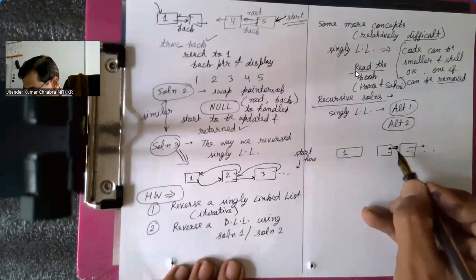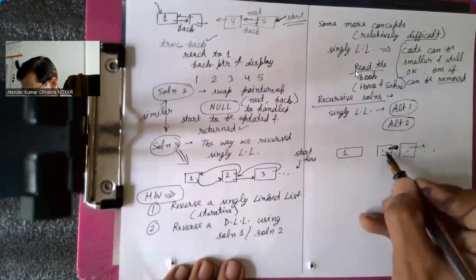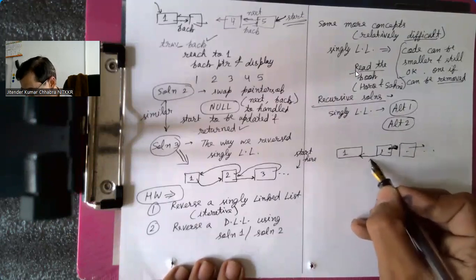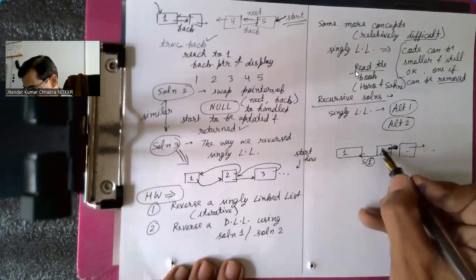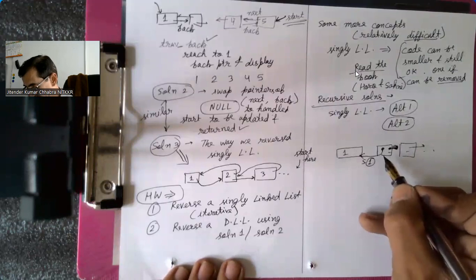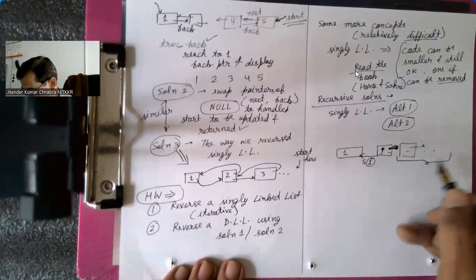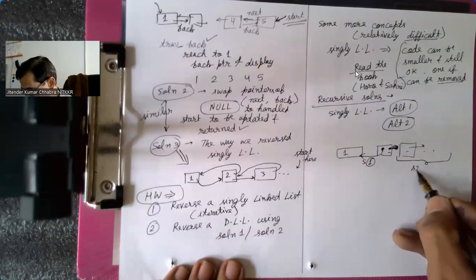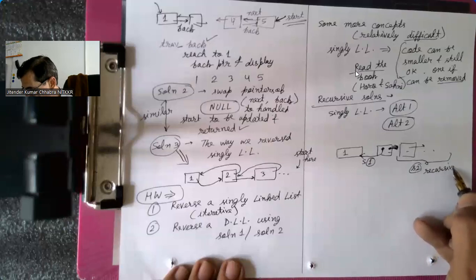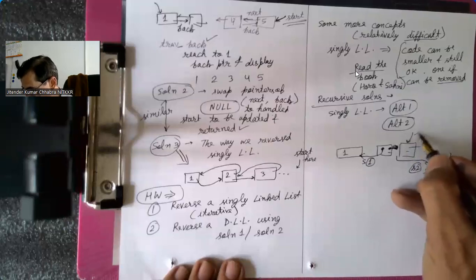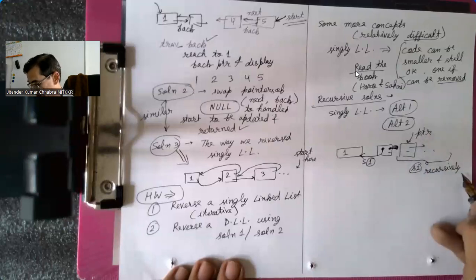So effectively what I will do is, every time I will break this link, have this linking done as step 1, this linking done, and recursively step 2. Of course, that will mean this pointer stored, and via that, this link will be reversed.